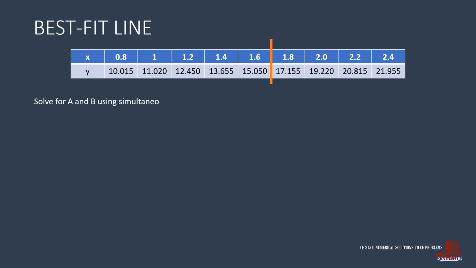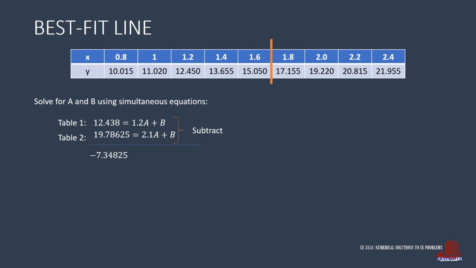With the equations already identified from tables 1 and 2, you can use the function for simultaneous equations in your calculator, or just simply subtract the equations, resulting in negative 7.34825 equated to negative 0.9a, where a is then solved as 8.1647.